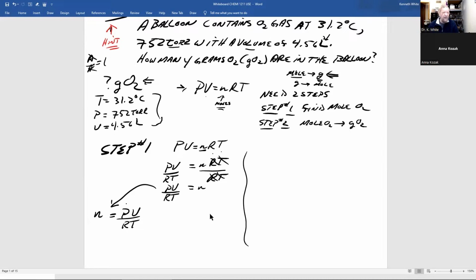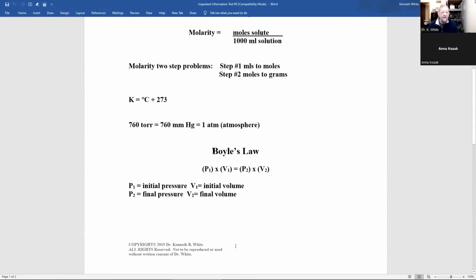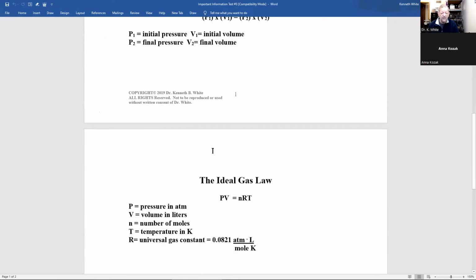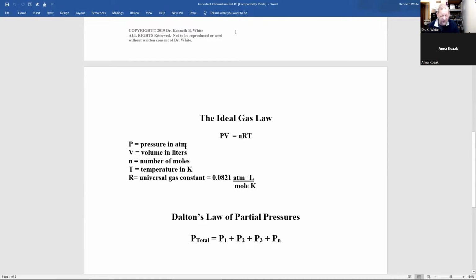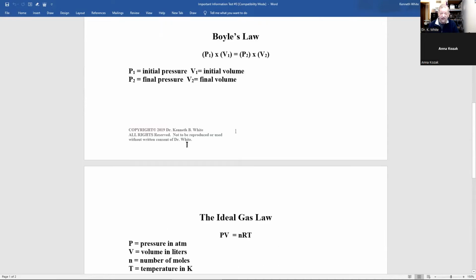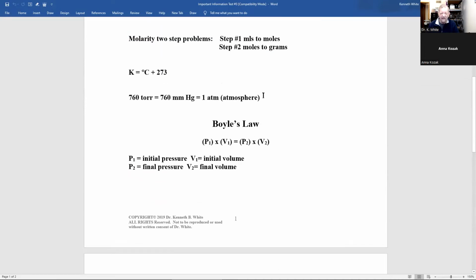Now, if you look at important information, quiz number 3, once I change this, right now it's called test number 3, you'll see pressure has to be in atmospheres. We're given it in torr, but you will be given this relationship right here in important information.